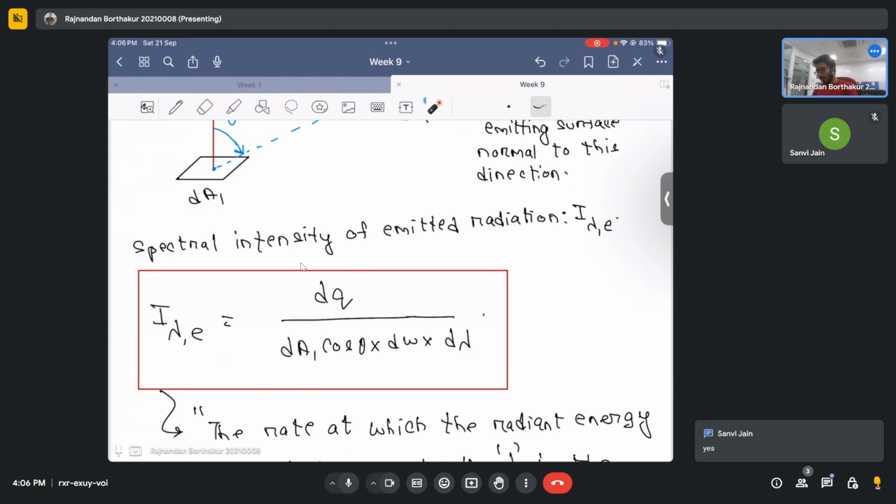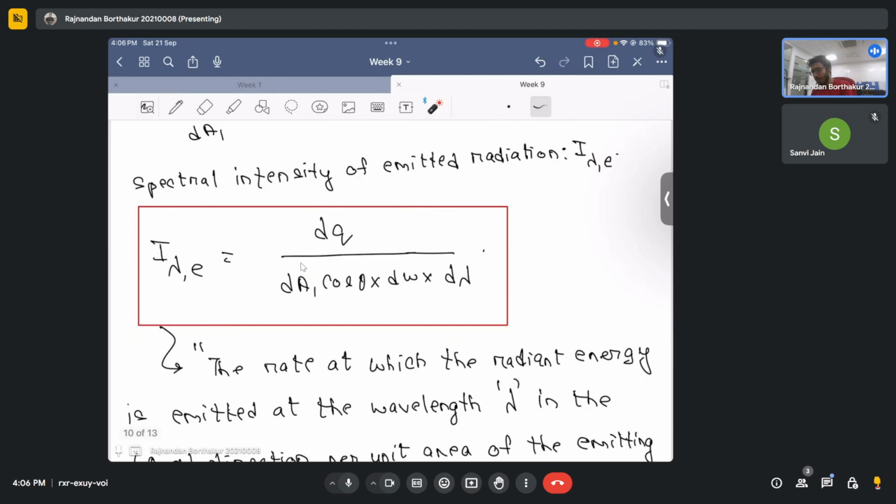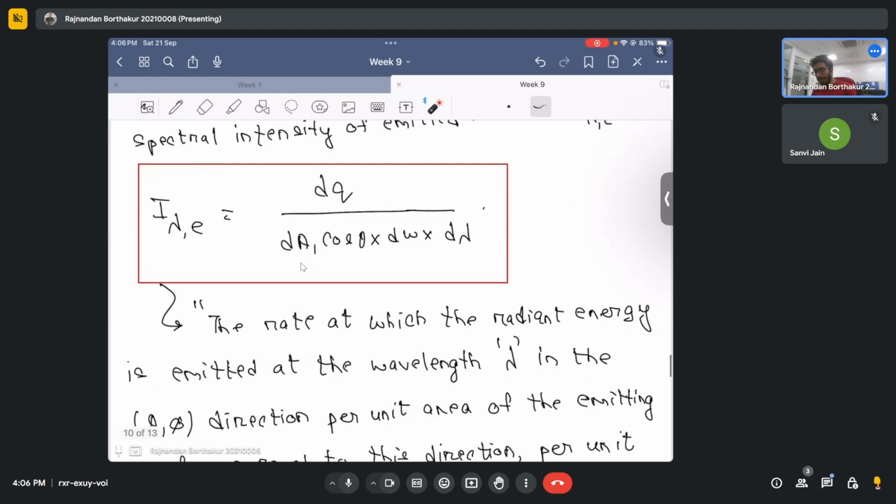So the spectral intensity of emitted radiation is defined as I lambda,e. Lambda meaning that it's a property that is dependent on wavelength, and we call it a spectral property. E means it's the intensity of the emitted radiation. It is defined as the net radiant energy, that is dq, that is emitted at a particular wavelength lambda, because it's a spectral property, in the theta phi direction.